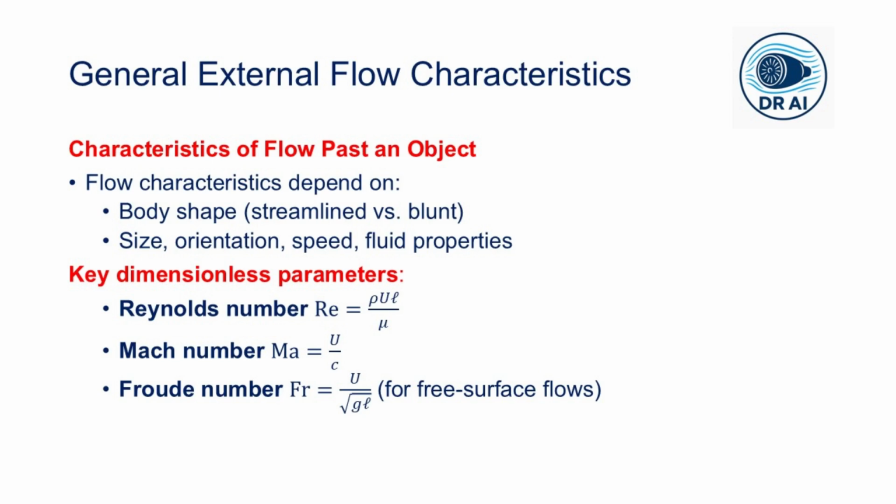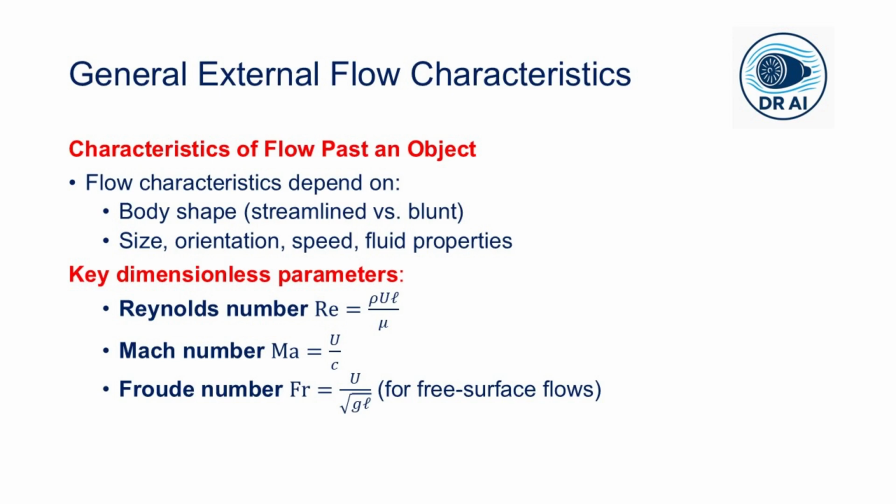Most familiar flows involve moderately sized objects, from centimeters to meters, moving at moderate speeds through air or water. This gives us a Reynolds number roughly between 10 to the power 1 and 10 to the power 9. So the rule of thumb is that when the Reynolds number is greater than 100, the inertial effects dominate, and when the Reynolds number is much less than 1, the viscous effects dominate.